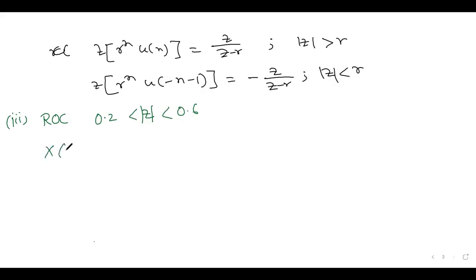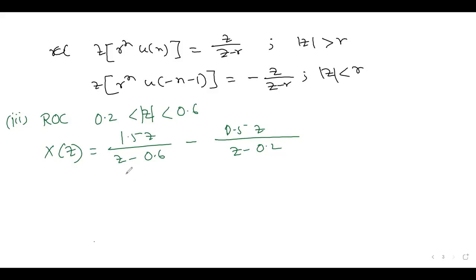We have X(z) equal to 1.5 z by z minus 0.6 minus 0.5 z by z minus 0.2. Now tell me, which portion will be the left hand side signal and which portion will be the right hand side signal? The 0.6 will be left hand side and 0.2 right hand side. Very good.